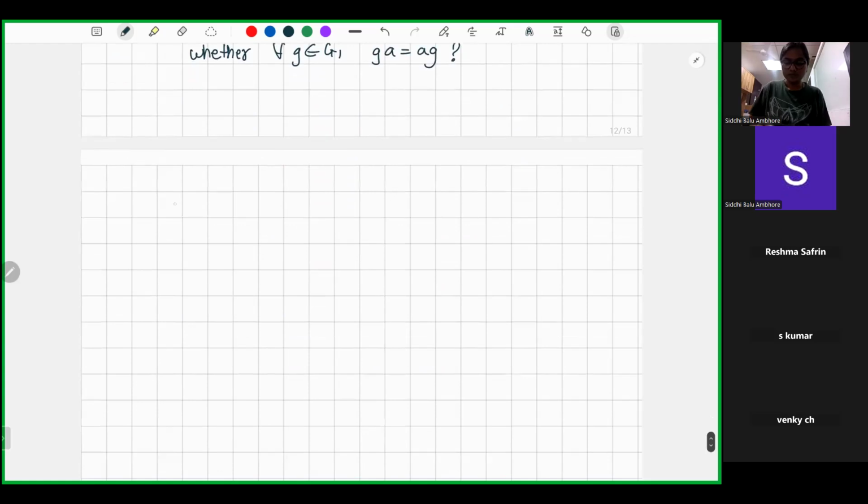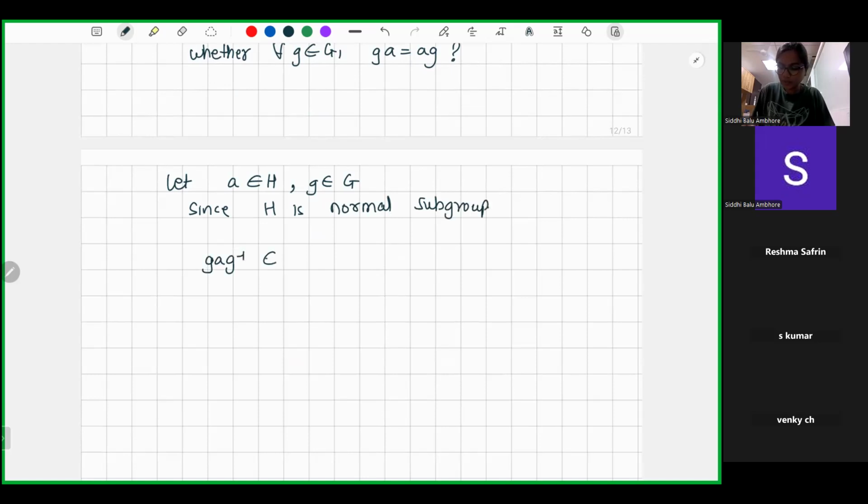H is a normal subgroup. So given that, since H is a normal subgroup, let A belong to H and G belong to G. Okay, this is there. So what does this imply? Since H is a normal subgroup, G inverse belongs to H. This much is clear.